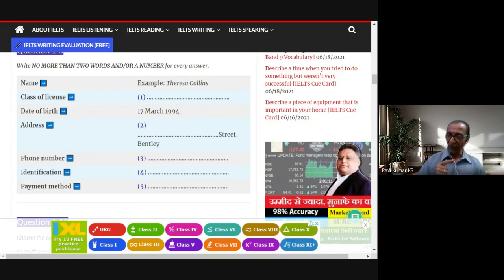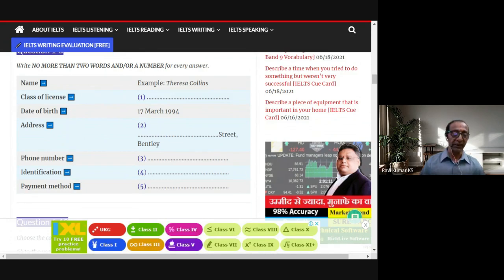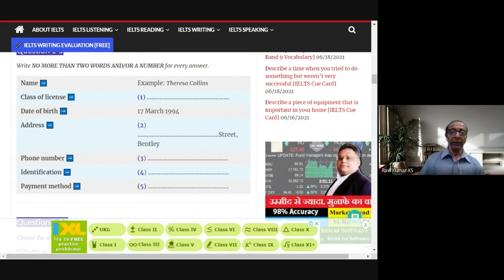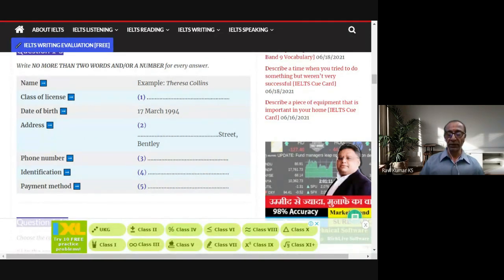Before you write the answer, there is one more important instruction given at the top of the question paper. Never ever forget to read that. The instruction says write no more than 2 words and/or a number for every answer.